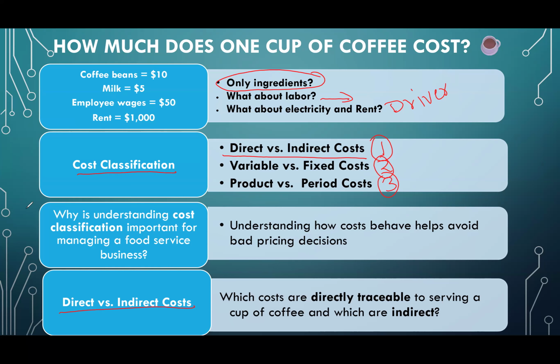Okay, so look at these costs that you are given. What do you think is directly traceable to serving a cup of coffee, and which are not? For example, it should be quite clear how much coffee beans and how much milk is going into making one cup of coffee.